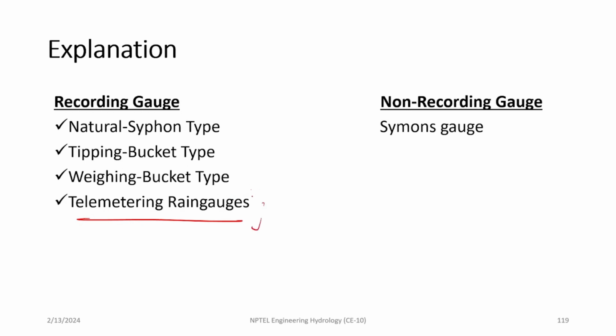Additional information regarding the telemetric rain gauge is that we can use it for remote areas, like a hill or a mountainous region where we can't go. We simply have to install it once, and then the data is transferred to our device, maybe an electronic device or our system. It is a kind of smart rain gauge which can directly send the data to our system.